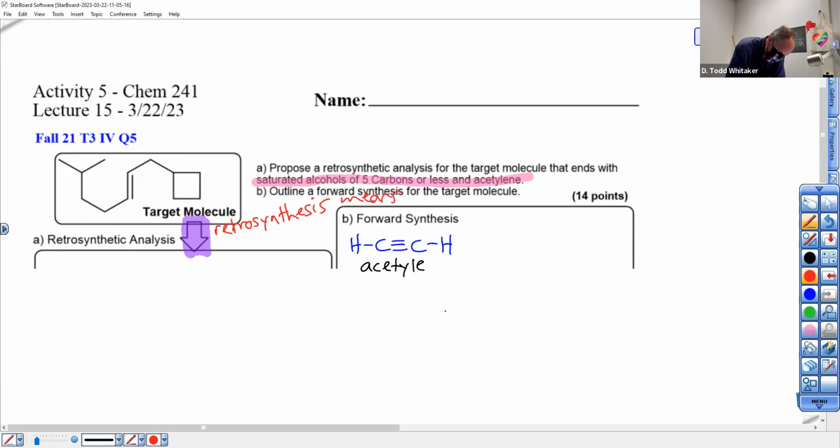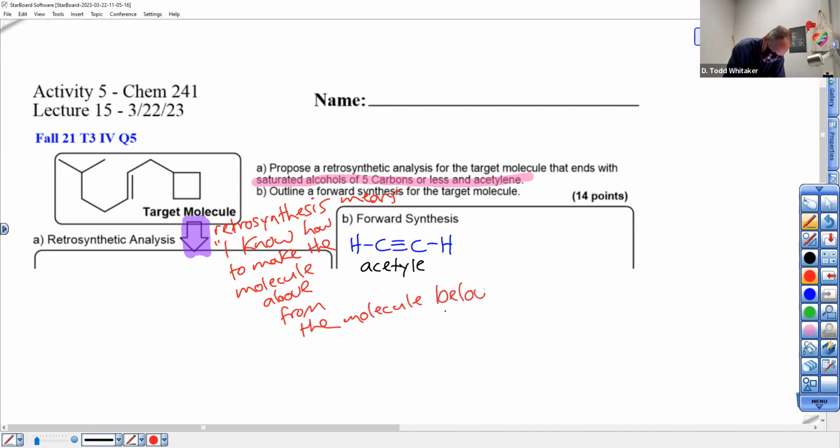It means, I know, this is a quote, how to make the molecules above from the molecule below, which you have not drawn yet. It's not a reaction, it's the exact opposite of a reaction.